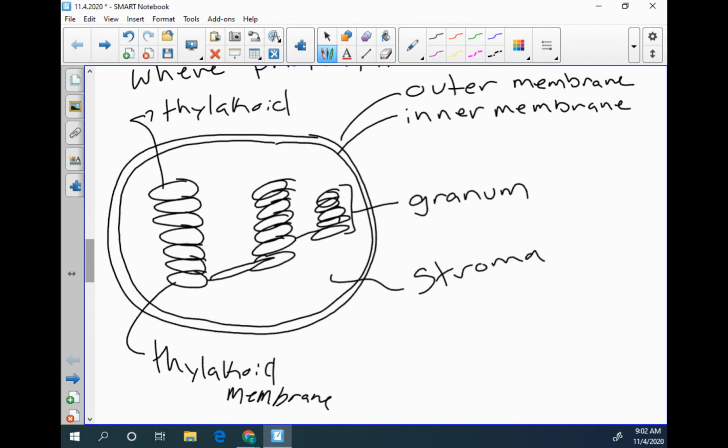So stroma is our fluid portion of the chloroplast. Okay. Being able to orient yourself in the chloroplast for the rest of photosynthesis is relatively important. Does anybody have any questions about this?